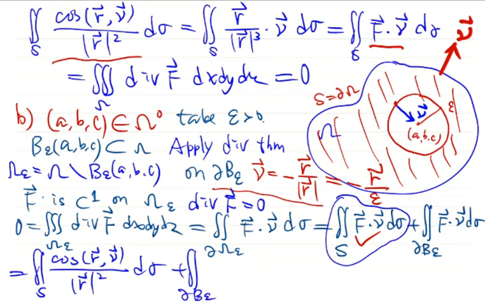So F is R over R cube. Nu is given here, so copy the nu here. That is the inner product with minus R over epsilon.